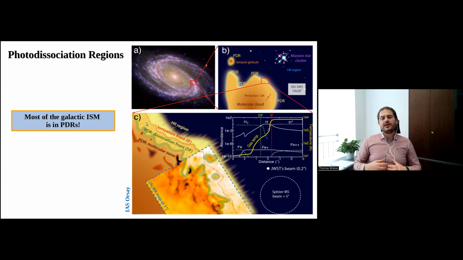But when we see a galaxy as a whole, most of the ISM is in diffuse regions, in diffuse gas, and this means that most of the galactic ISM can be considered to be in PDR. So PDRs are very important to understand the emission of different galaxies. We're talking about a very important tool in our understanding of galaxy evolution across the cosmic epochs.